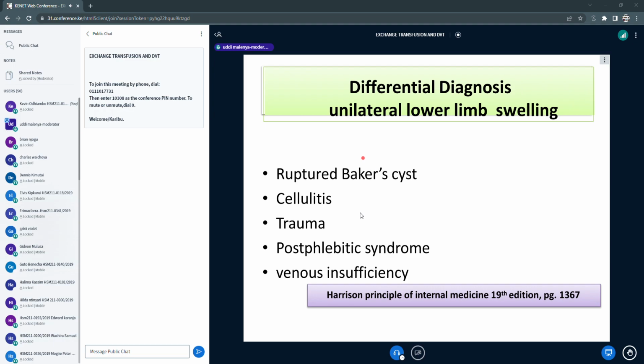This includes ruptured Baker cyst and cellulitis. Usually with ruptured Baker cyst, the patient will have extreme pain. With cellulitis, the patient will present with history of trauma, and there could be some discharge as opposed to DVT. History of trauma is very important, as are post-traumatic syndrome and venous insufficiency.